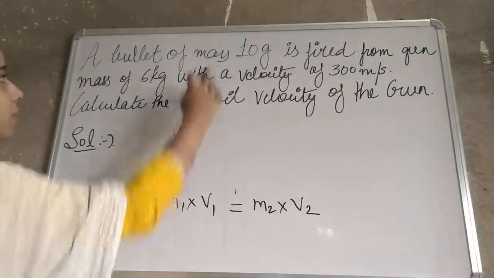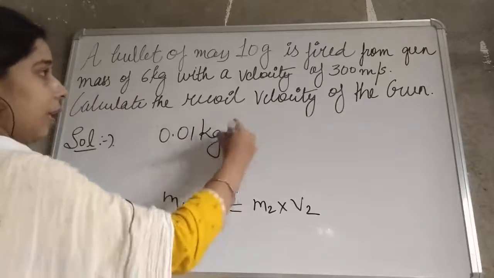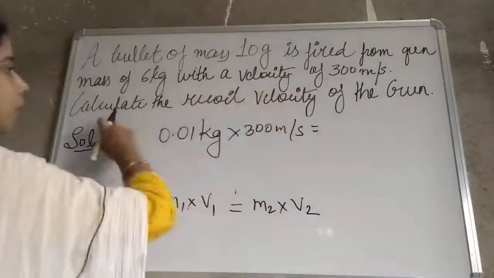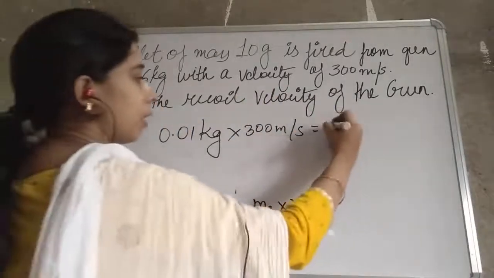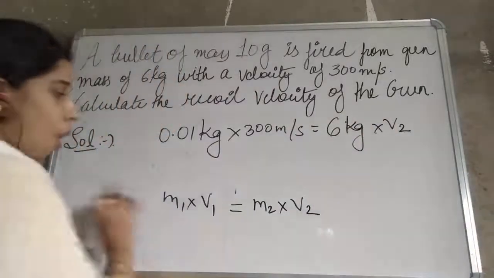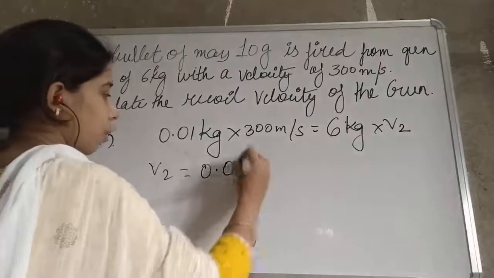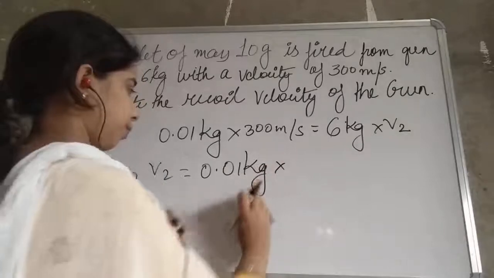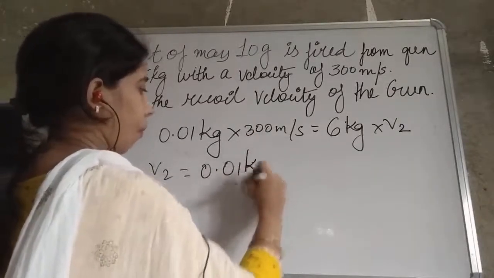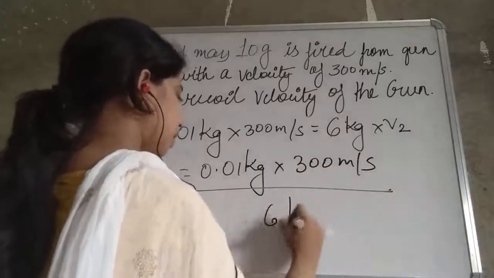So the mass of the bullet is 0.01 kg into velocity 300 meter per second is equal to the mass of the gun, 6 kg, into V2. Or V2 is equal to 0.01 kg into 300 meter per second upon 6 kg.